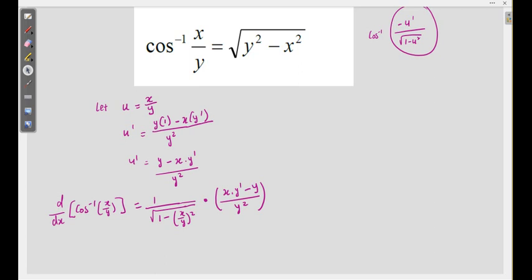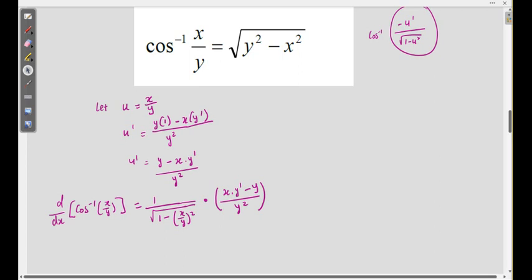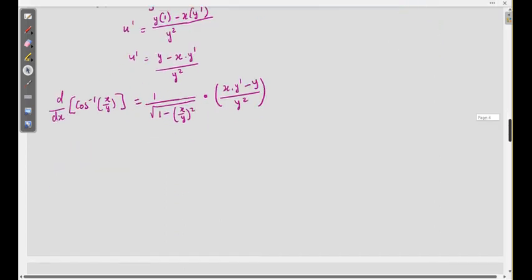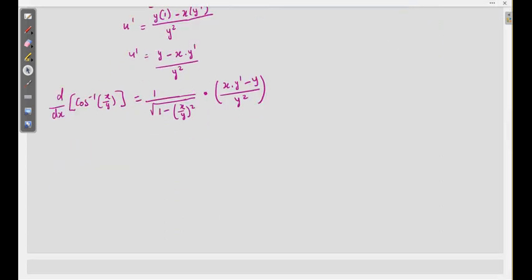Right. Then it is still in the same format we were working with. So we say 1 over the root of 1 minus x squared over y squared, times xy prime minus y all over y squared.